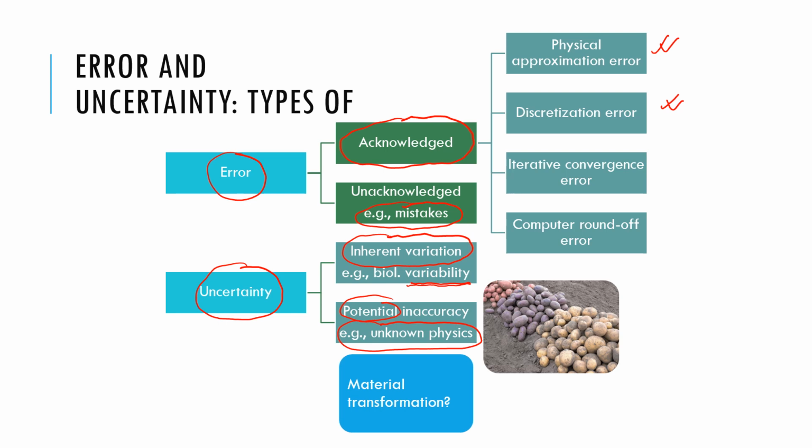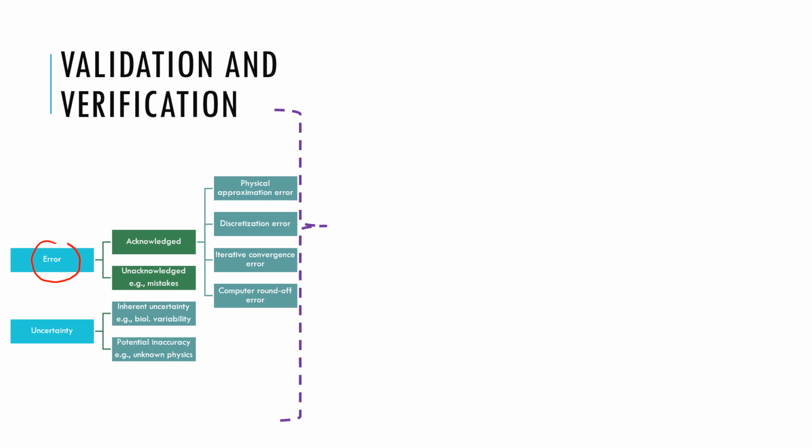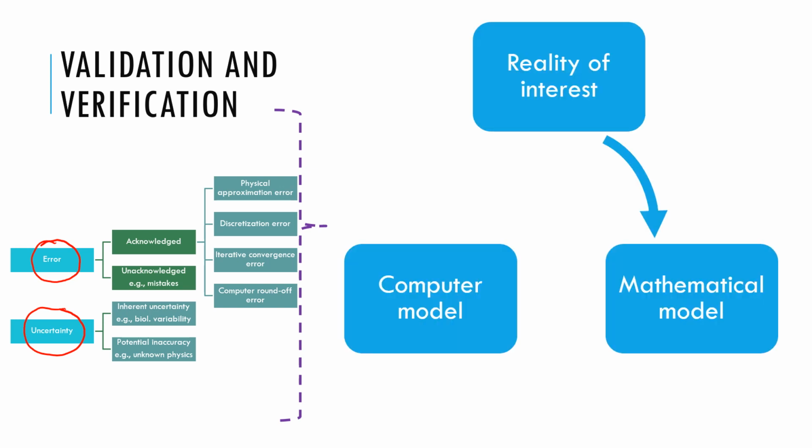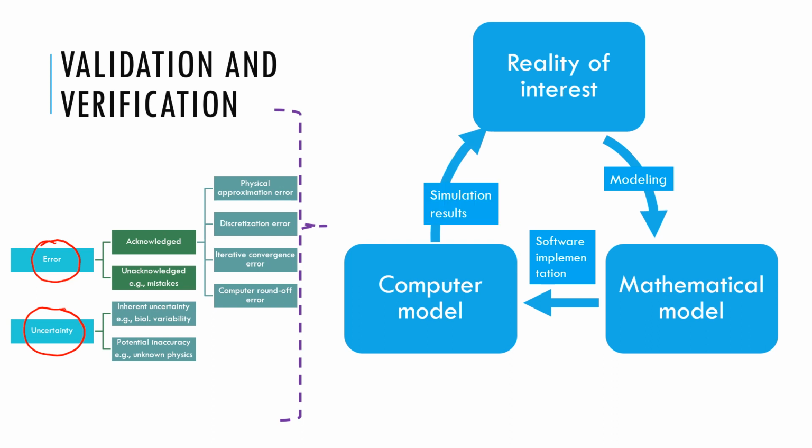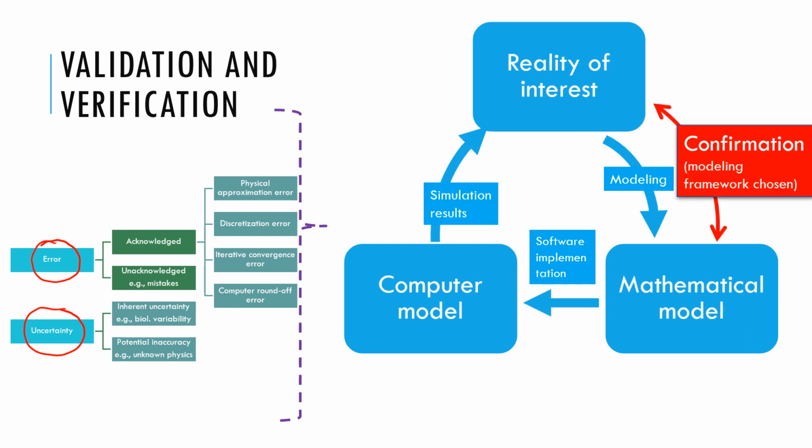So how do this error and uncertainty map onto the validation, verification, confirmation diagram that we saw in the previous slide? Here are the types of errors and uncertainties that can be in a model, and here is the model building process: modeling, software implementation, and then simulation results.